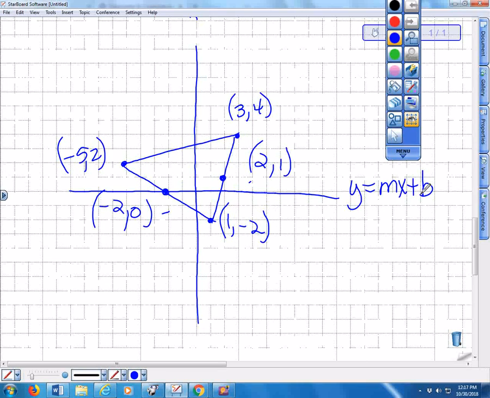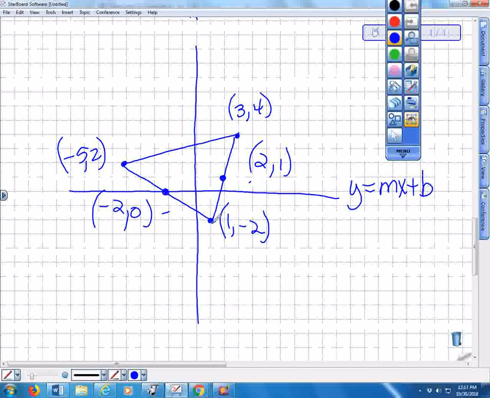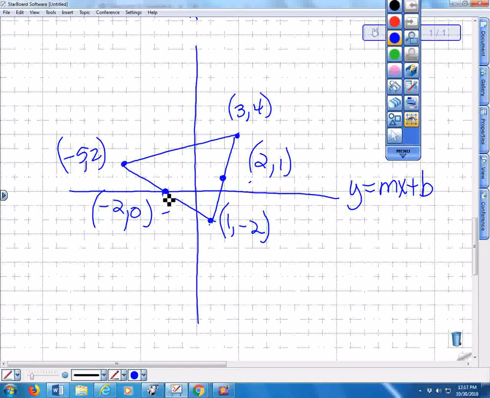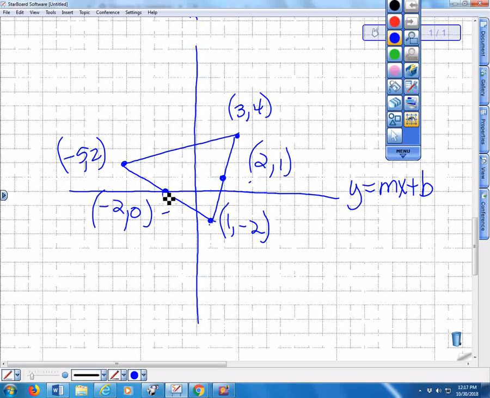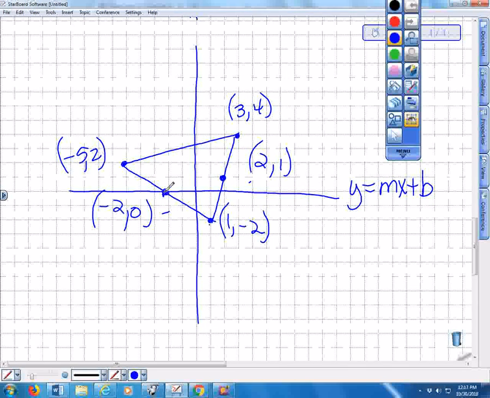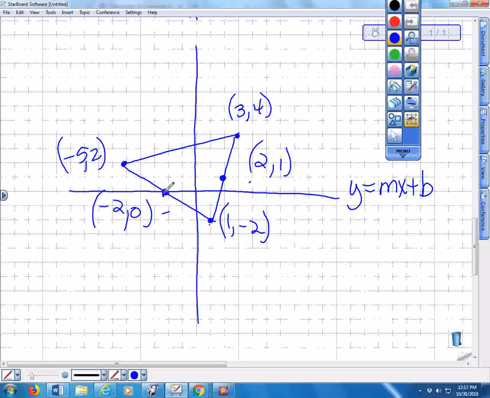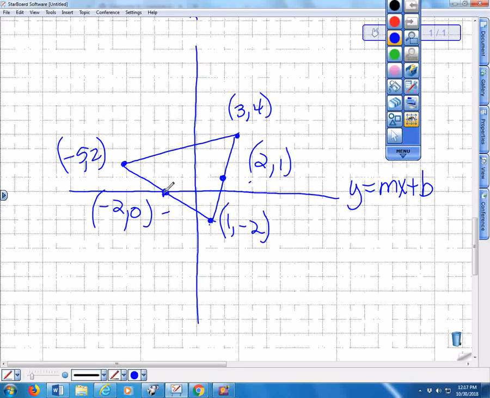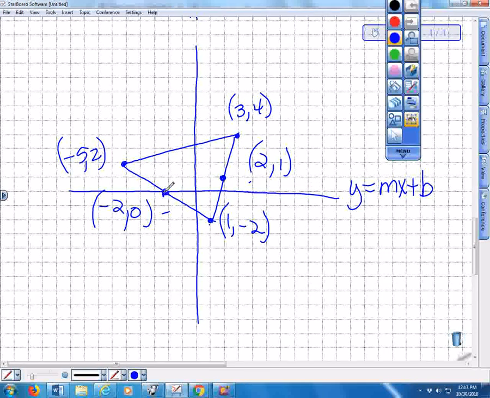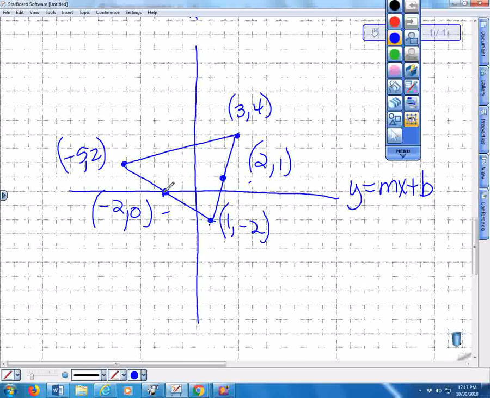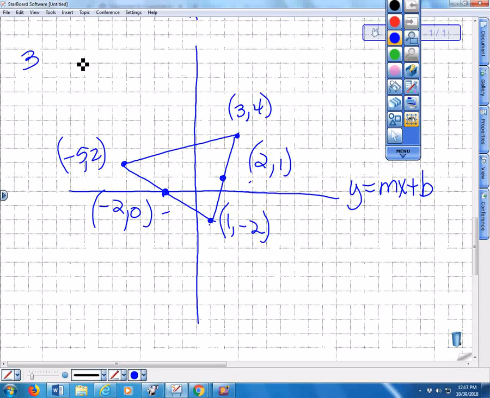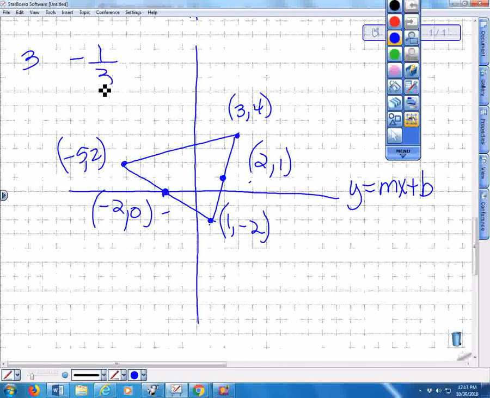Okay, so in order to find the perpendicular bisector to this, what do we know about two lines that are perpendicular to each other, about their slope? Who remembers? Opposite inverse. Opposite inverse, okay? So if the slope of one line is 3, the slope of the perpendicular bisector is -1/3.